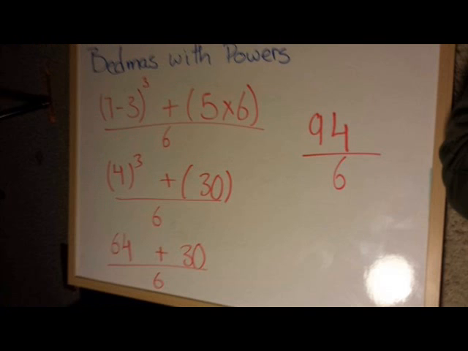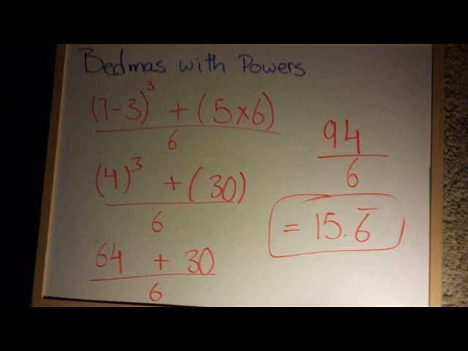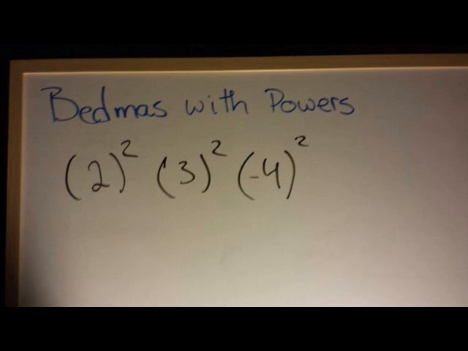I don't understand this rule of BEDMAS, but you have to add it before you divide it, because it's going to be a little bit easier. So 64 plus 30 equals 94, divided by 6, and the answer is 15.6 repeating. Now we're getting into bigger questions.